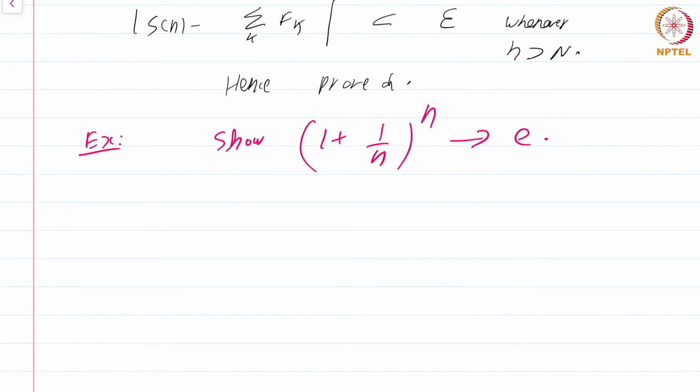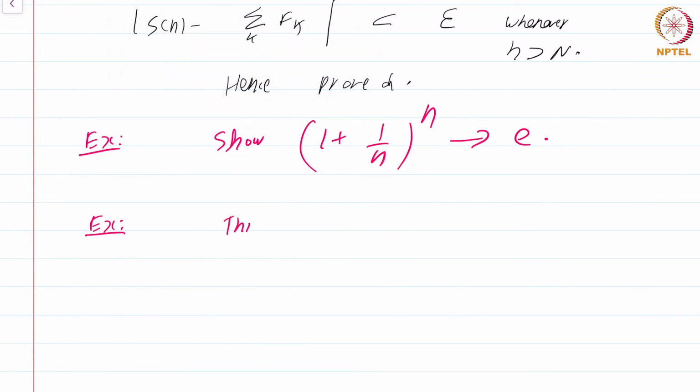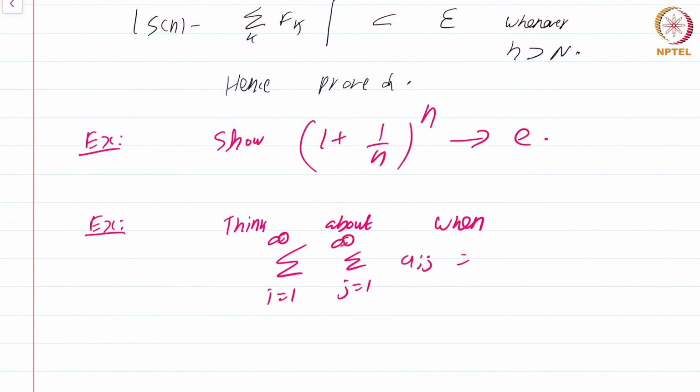Let me just leave it as an open-ended exercise now so that you can think about it later. Think about when summation i equals 1 to infinity, summation j equals 1 to infinity of a_ij will be equal to summation j equals 1 to infinity, summation i equals 1 to infinity of a_ij.